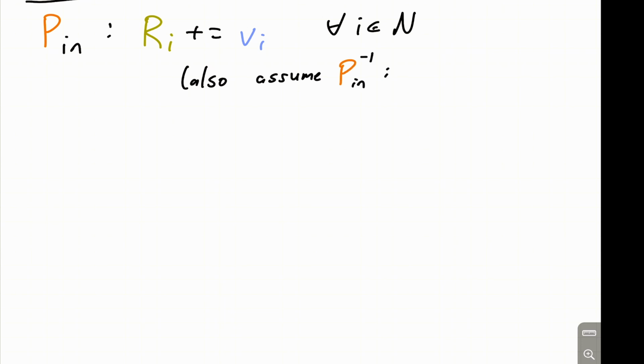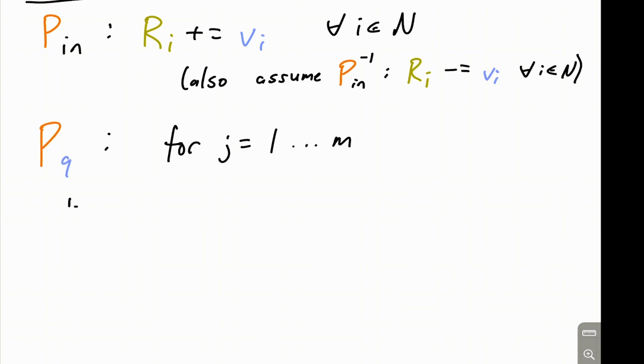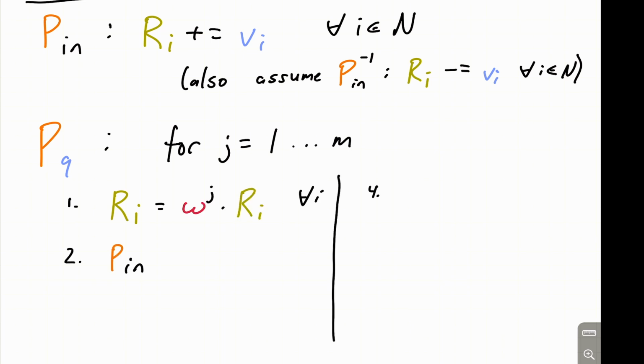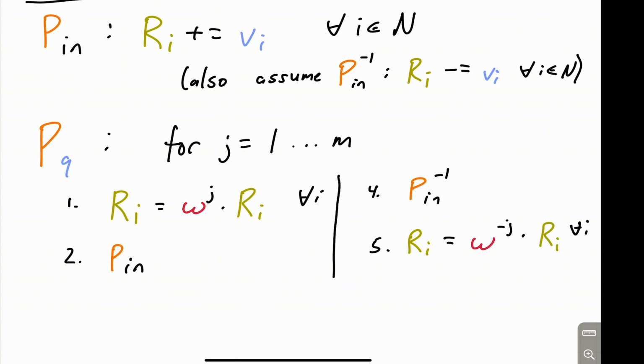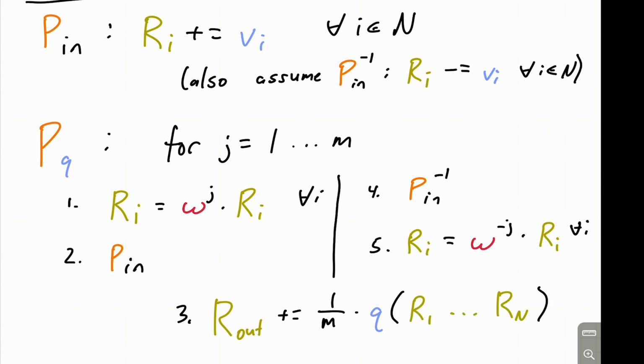Now to use this, for any j, we can easily set up our memory to be omega to the j times tau plus v. Just multiply r by omega to the j, and recursively add v. We can also undo this, recursively subtract v, and then divide r by omega to the j. In between, we add the evaluation of our polynomial q on our input registers to our output register.